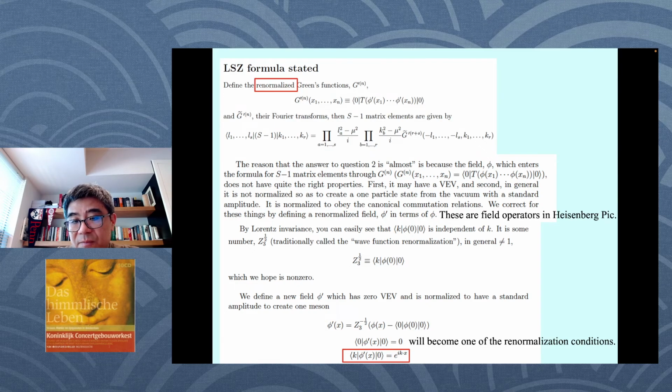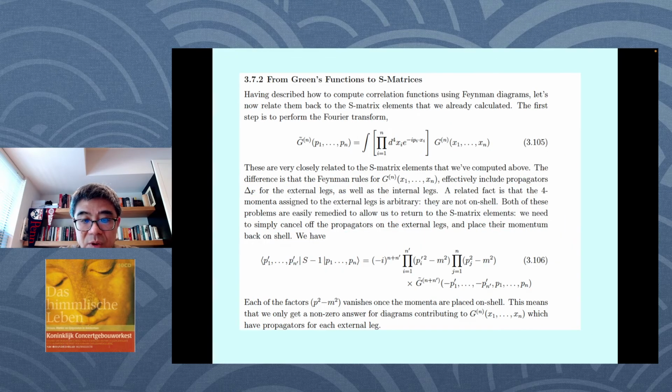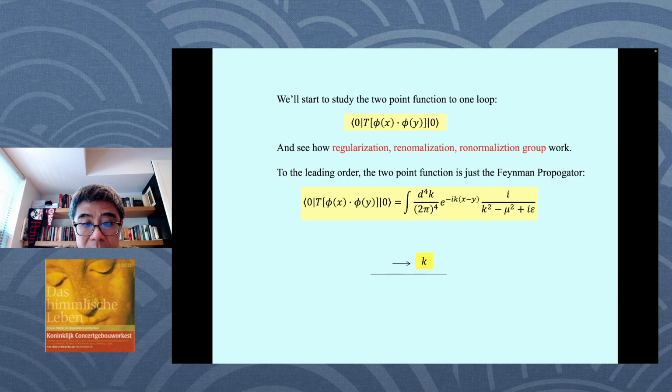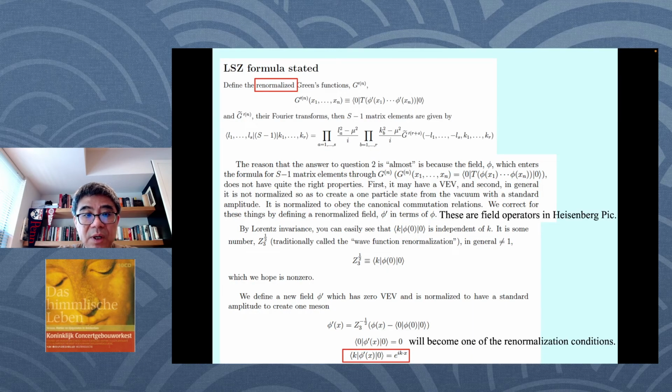Remember this field is not observable, so therefore you can rescale this phi by multiplying it with any factor. We usually call the rescaling factor Z3. By multiplying the field into a new operator, we didn't change the physics.